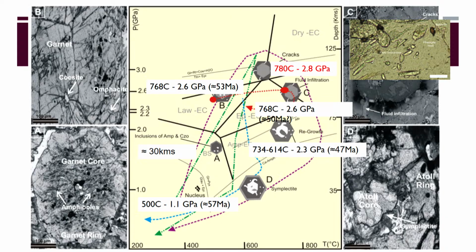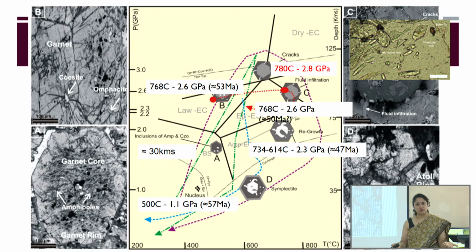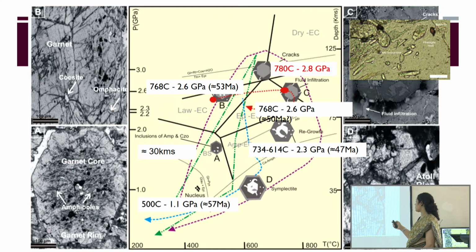Again, yes, so the atoll temperature has been calculated 734 to 614 at 2.3 GPa, and 47 million years is typically where most of the atoll formation was complete, and you're able to now see beautiful atolls in the form of these pictures, okay.